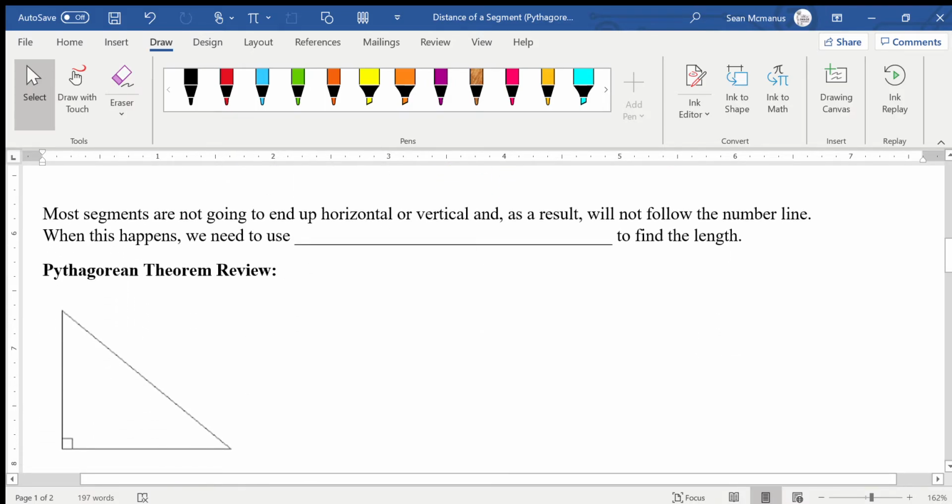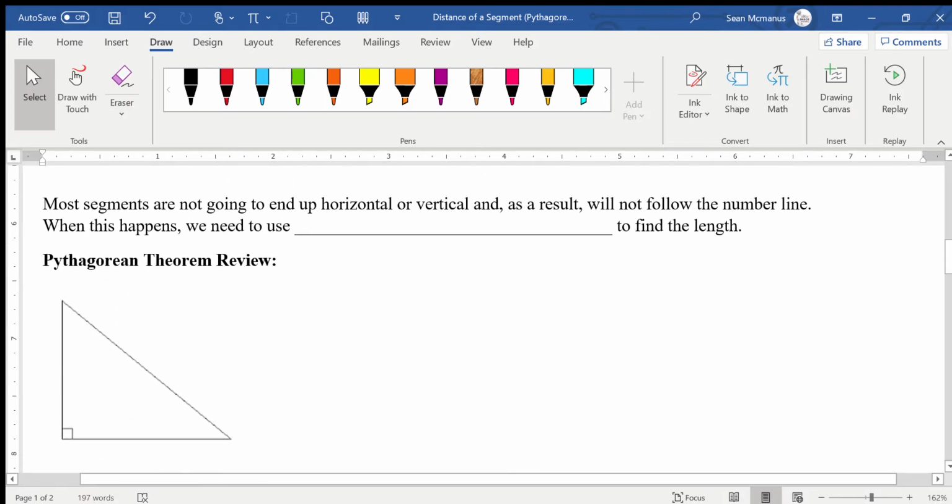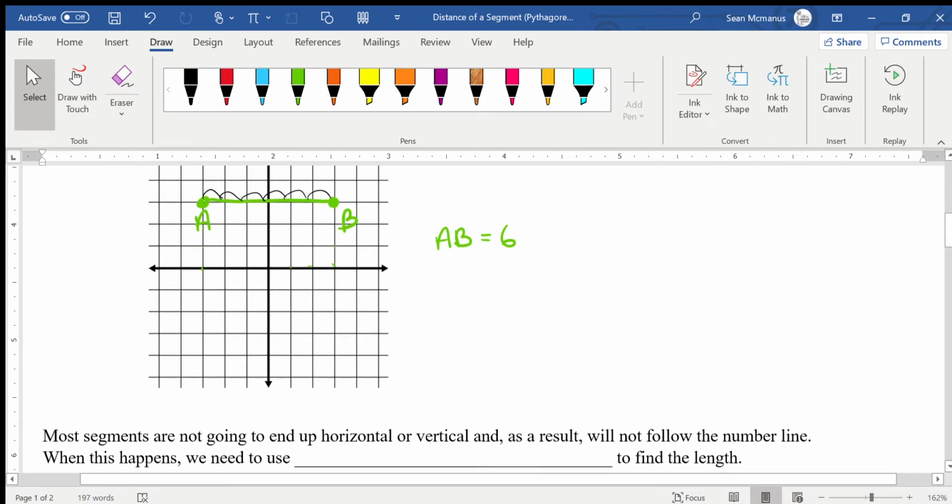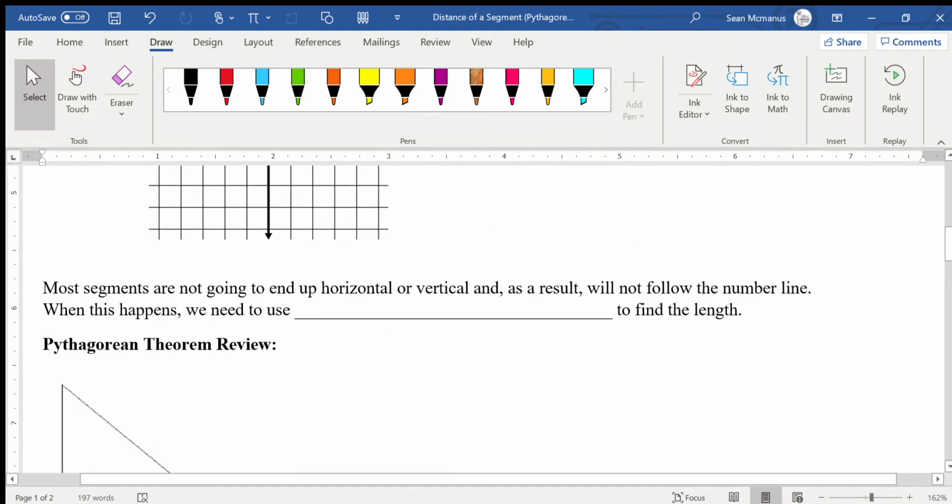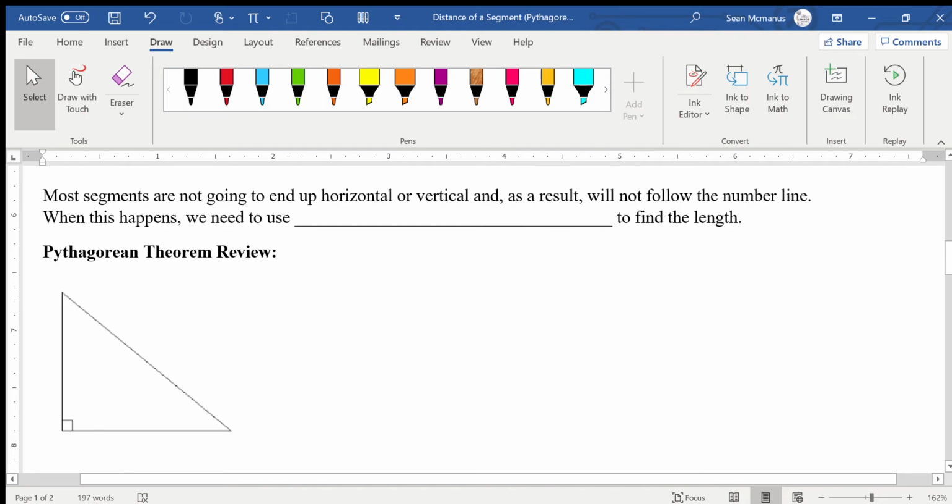Okay, so time for reality to kick in here. Most of the time, the segments that we see, they're not going to be horizontal or vertical, where we are just able to measure along the line, right? They're going to be segments that have some positive or negative slope.